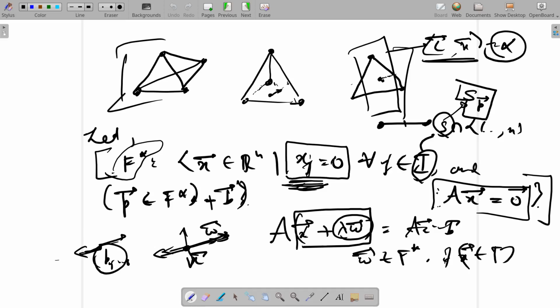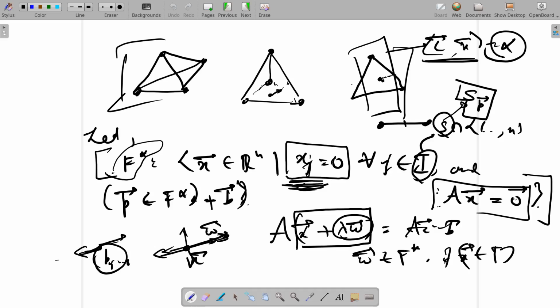Here we had the definition, so W is in F star, so that means Wj is 0 for all j in these indices. But I'm not saying S is the set of all j's such that Pj is 0. It is the set of all j's where Pj is 0, and it's a maximal set where those rows are also linearly independent when you pad in all the row vectors of A.